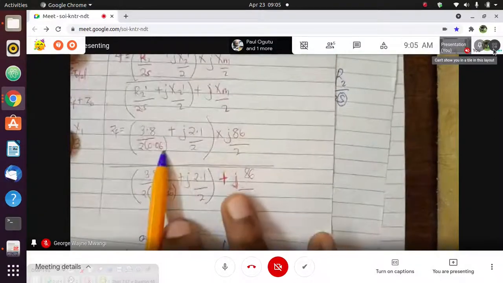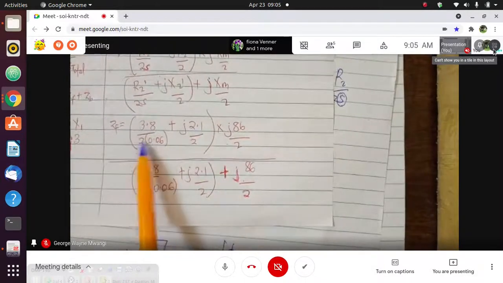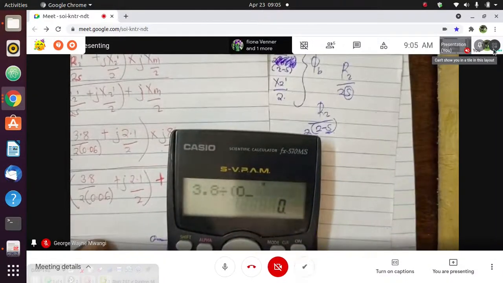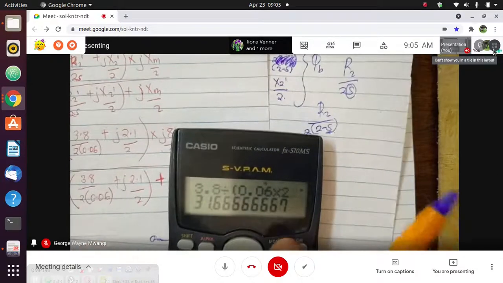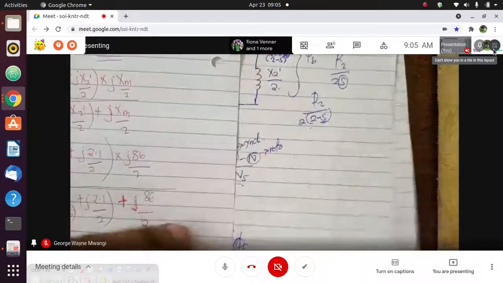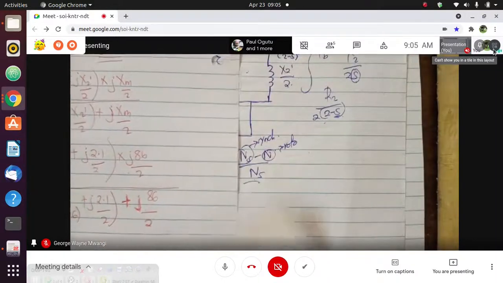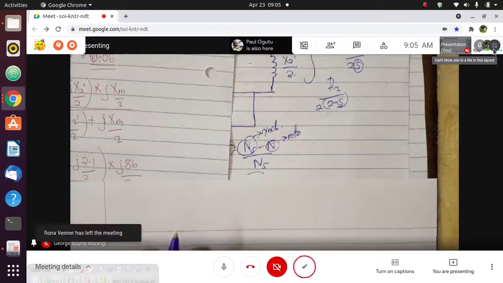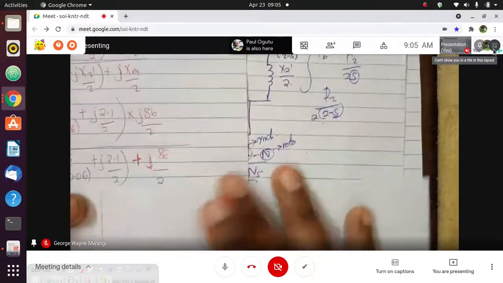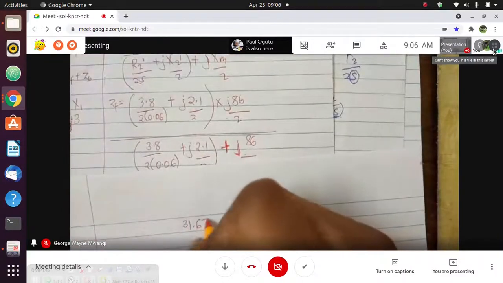Now let's open this. We want to simplify this. 3.8 divided by 0.06 times 2 gives you 31.667.